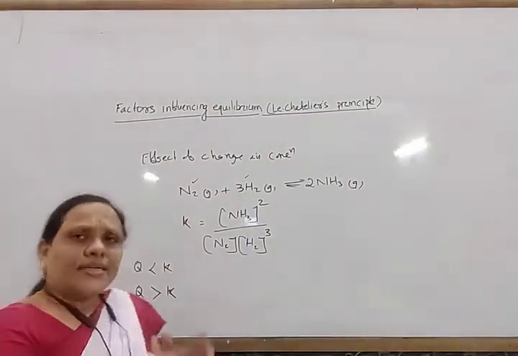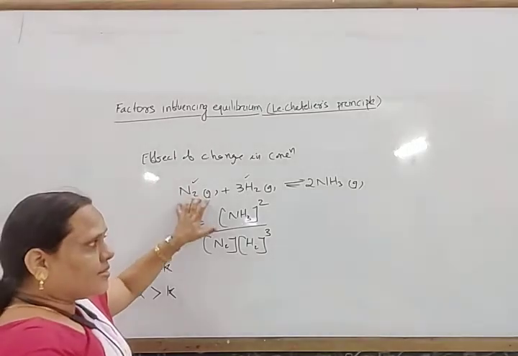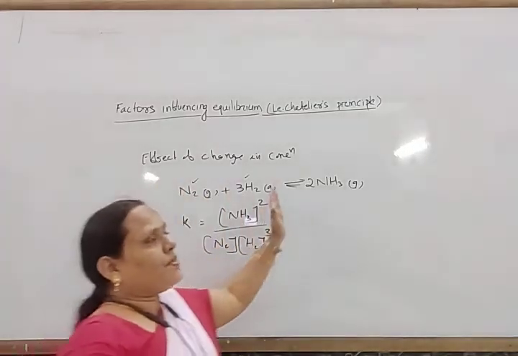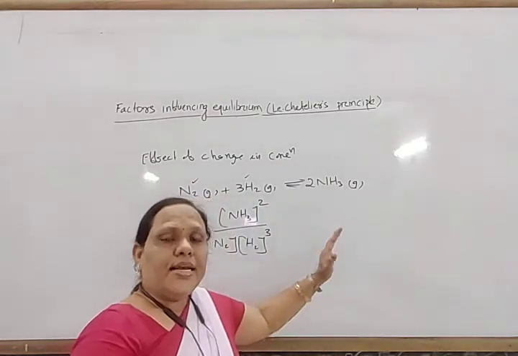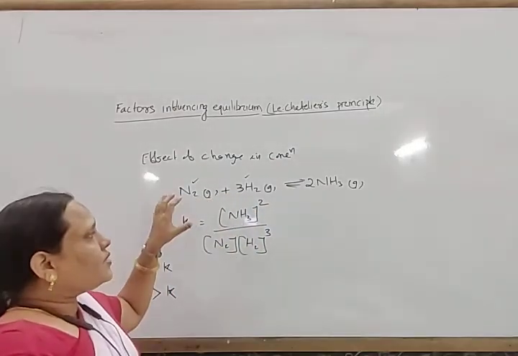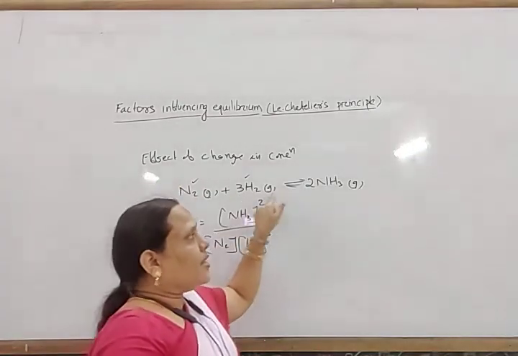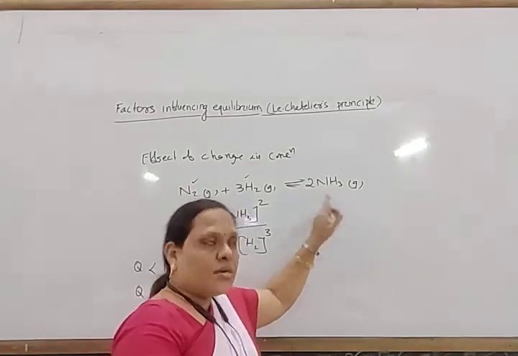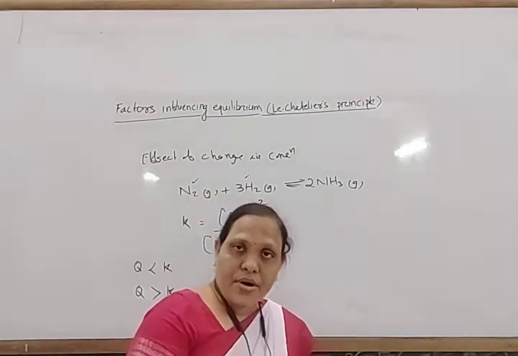So what is the conclusion? Increase in concentration of either of the reactants, or decrease in concentration of the product, the equilibrium will shift forward, forming more amount of product.